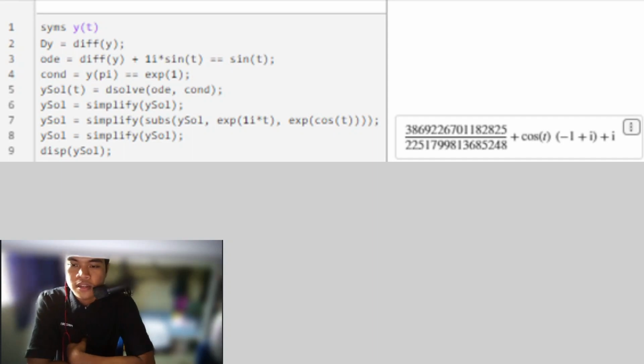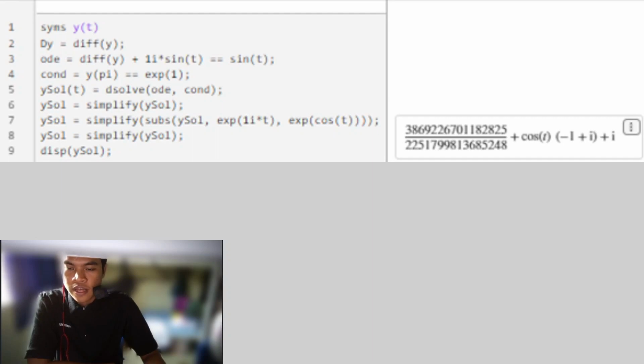The third line is to define the ordinary differential equation dy over dt plus sin(t) multiplied by y equals sin(t) and store it in the symbolic variable ODE. The line 4 is to define the initial condition y(pi) equal to exp(1) and store it in the symbolic variable con.